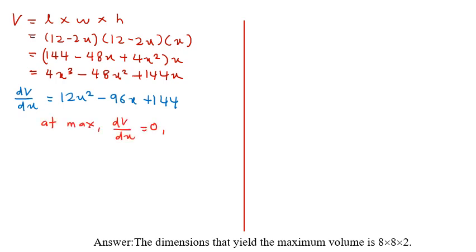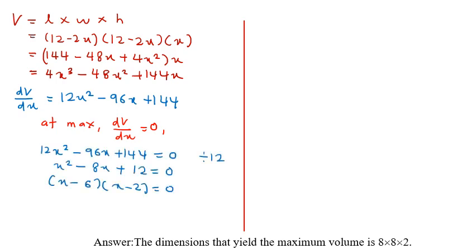And then as usual, remember you have to find the maximum value, so I just put at maximum. At maximum, dV/dx equals 0. So our first derivative we equate with 0. So we get 12x squared minus 96x plus 144 equals 0.